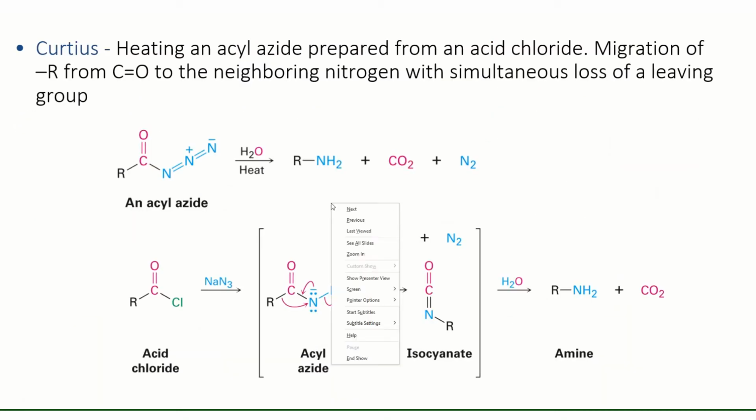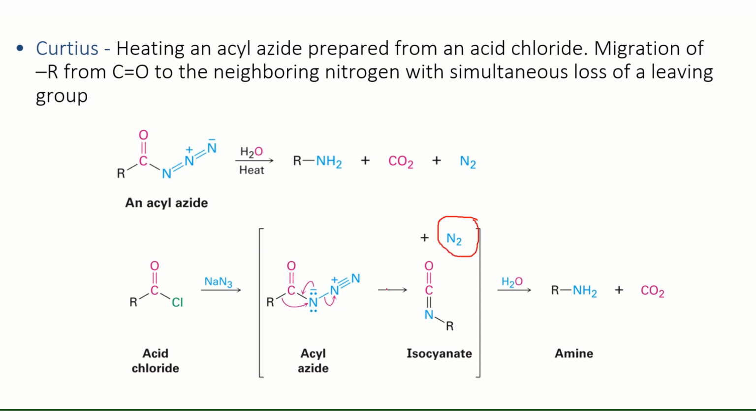When you look at the Curtius rearrangement, it is quite simply, say for example, we use an acyl chloride with the azide to form the acyl azide. Once we form that acyl azide, then you can easily see the alkyl migration to the nitrogen with release of the carbon dioxide and dinitrogen.